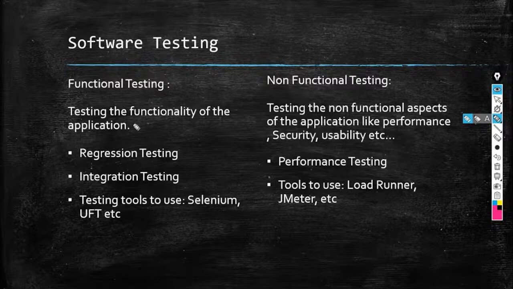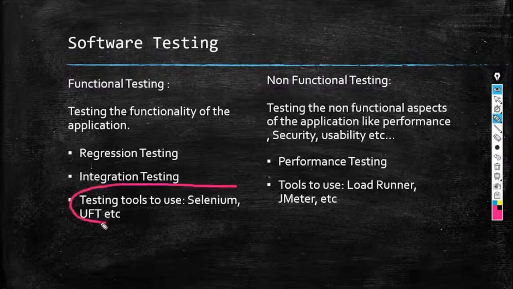You launch the application, enter a valid username and valid password, and then verify whether the user is able to log in successfully or not, right? That's just an example of functional testing. Here, specifically with respect to functional automation, we use tools like Selenium, UFT, etc.